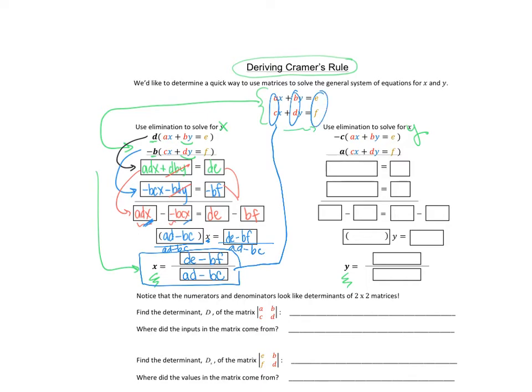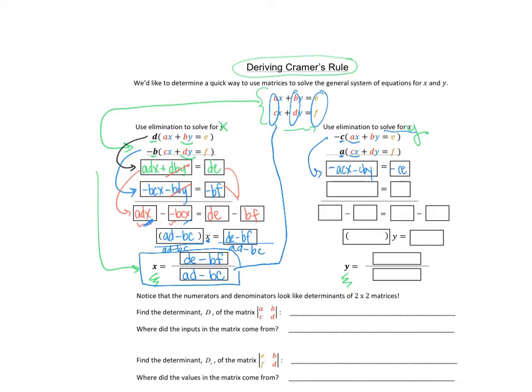So let's see what's going on with the right column here. Similarly, we're going to solve for y, so we have to eliminate x. If I have an ax and a cx, I can multiply by their opposite letters to make them cancel out. So the first equation will become negative acx minus cby, and the right will get negative ce, because all sides need to multiply by negative c.